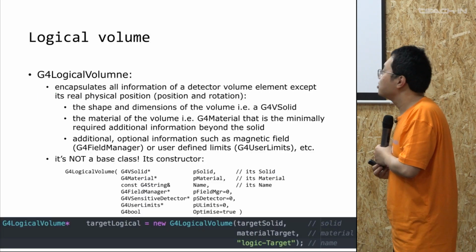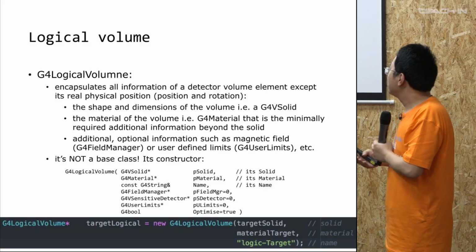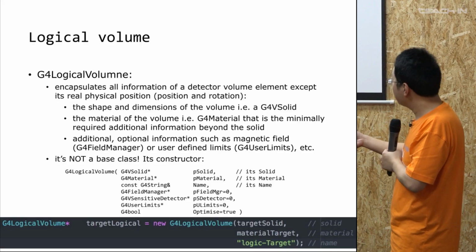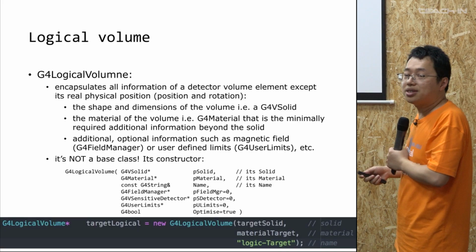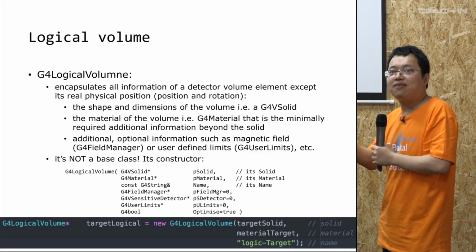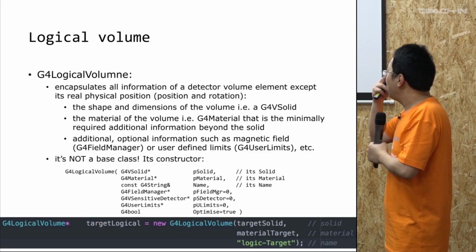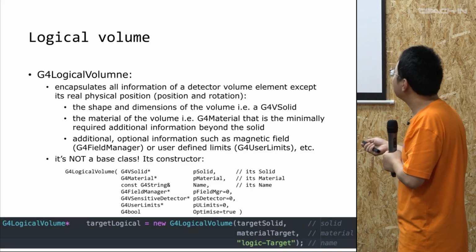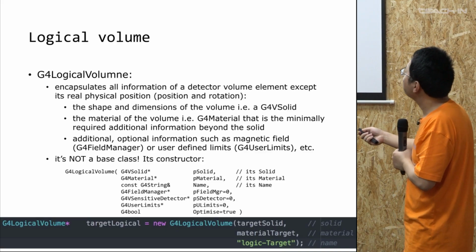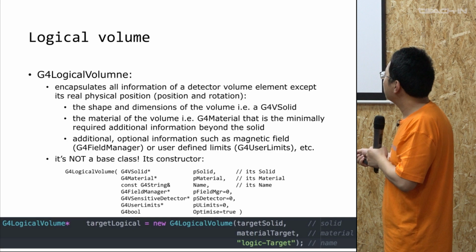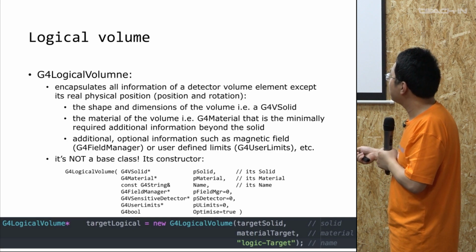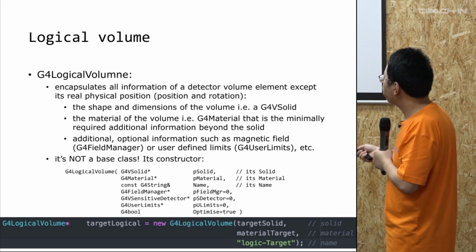After you have this shape, you need to define the so-called logical volume, because in that shape object you don't have any material information. That's why you have to define the logical volume. In the logical volume, you can see there are several necessary parameters.